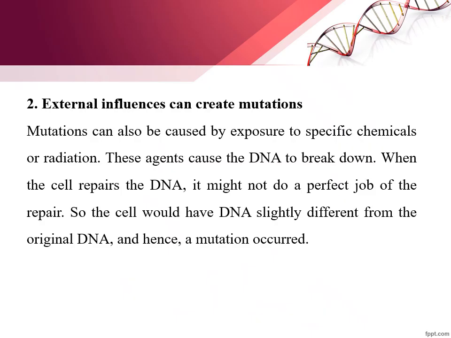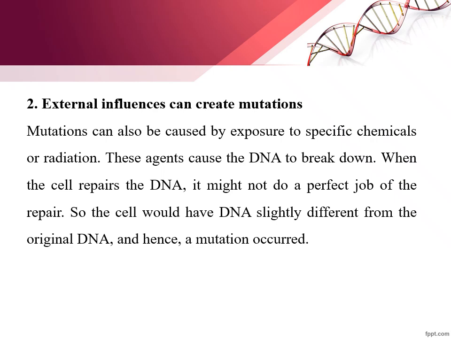Second, external influences can create mutations. Mutation can also be caused by exposure to specific chemicals or radiation. These agents cause the DNA to break down. When the cell repairs the DNA, it may not do a perfect job of the repair.